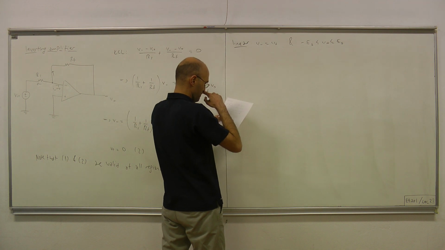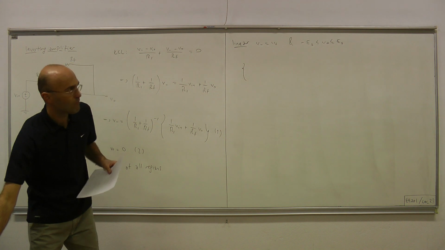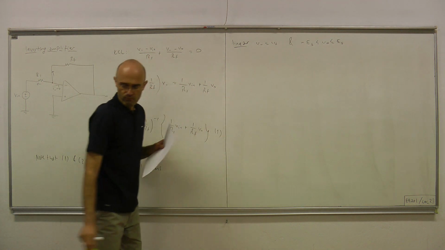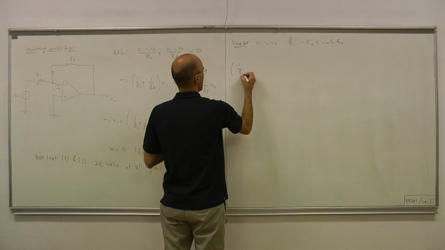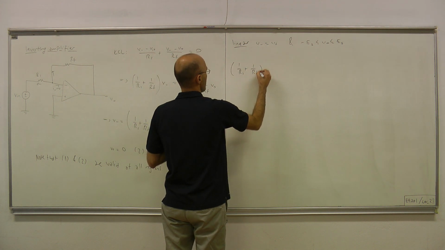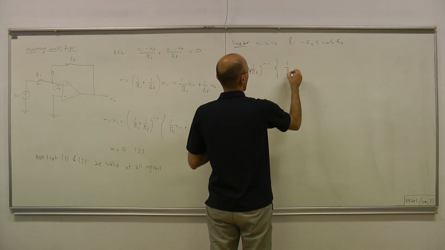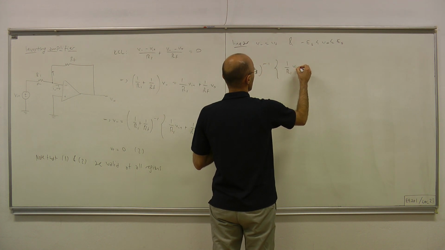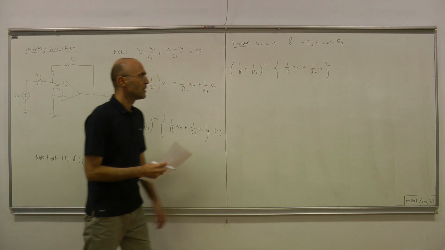Now, what's V minus? Let's write that down. V minus is (1 over R1 plus 1 over RF) inverse times (1 over R1 V in plus 1 over RF V out). So that's our V minus.